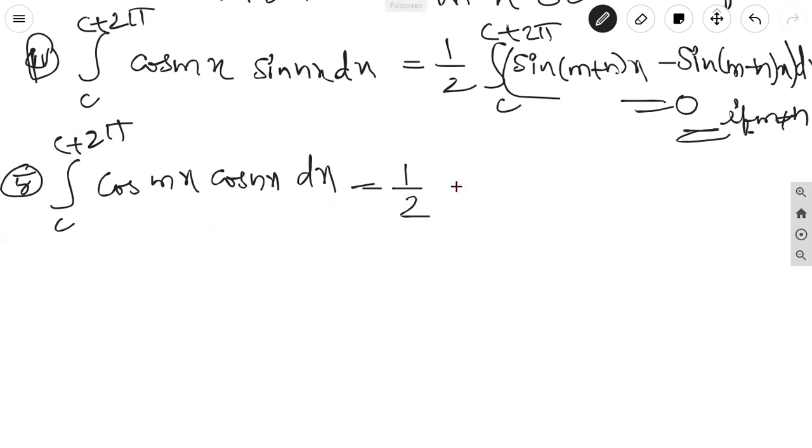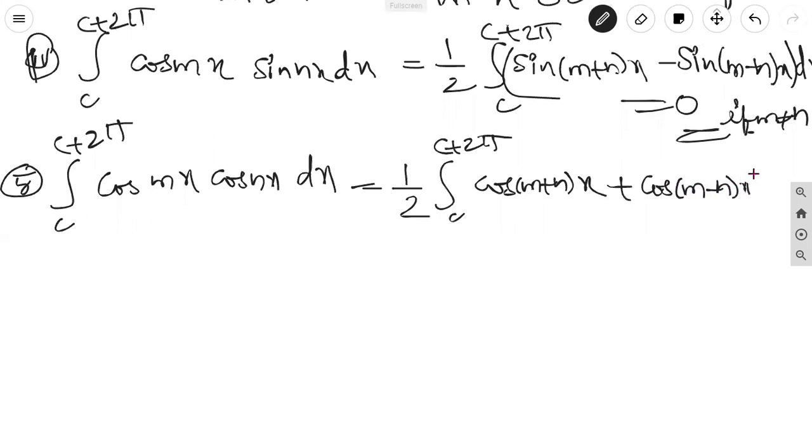Integral c to c plus 2 pi of cos of m plus n of x plus cos of m minus n of x, whole dx. We know that in the integration of the second case, in both cases only the integral of cos appears. If m is not equal to n, it is equal to 0.